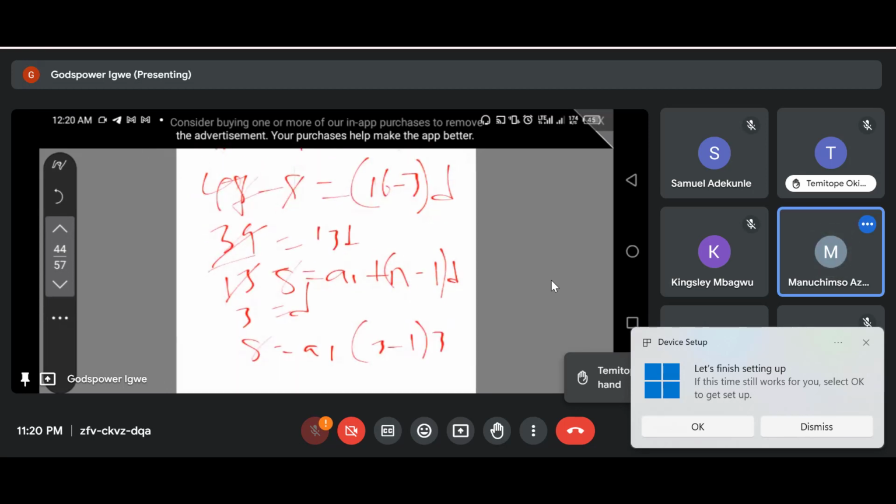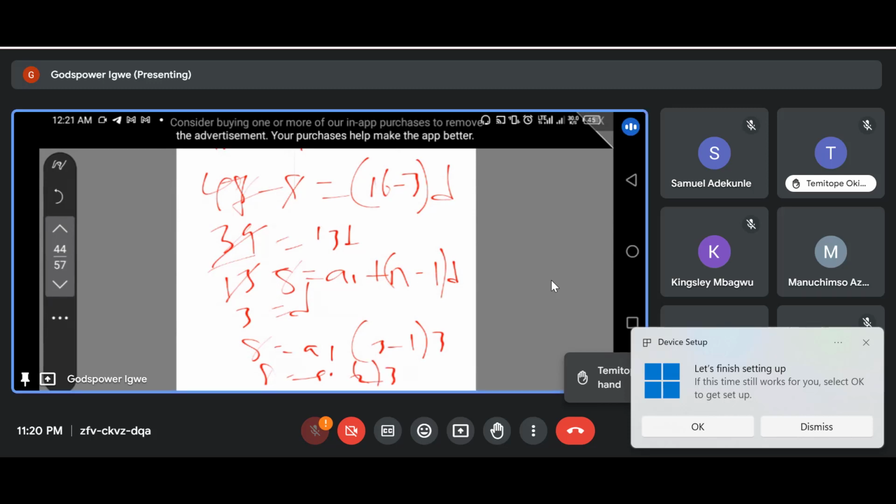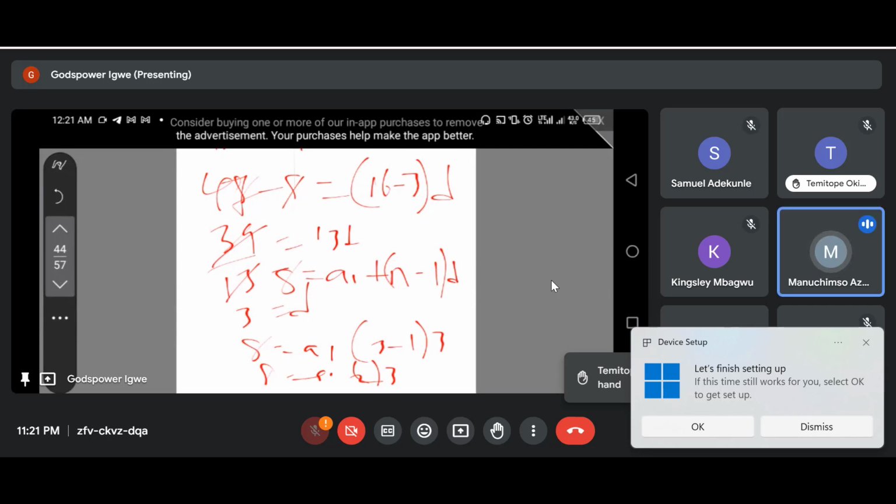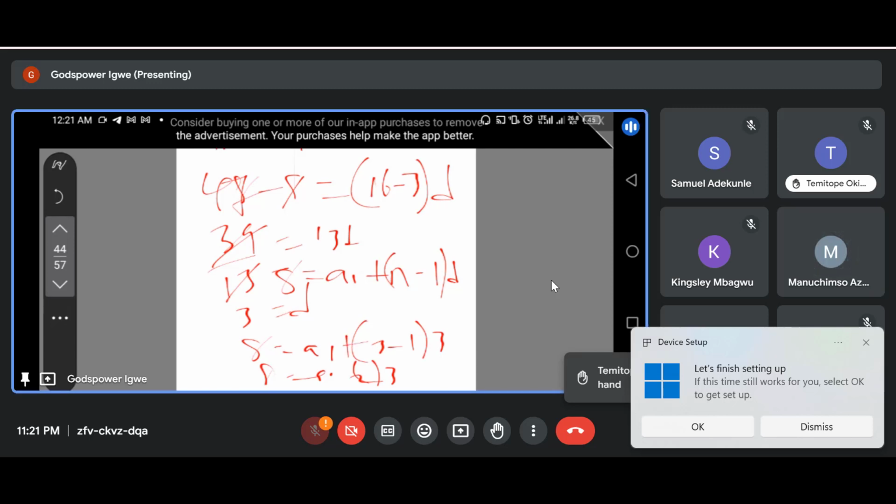Then 2 times 3 is 6. So divide both sides by... No, sir, it's not multiplication, it was addition that was between. Okay, sorry, this is plus.